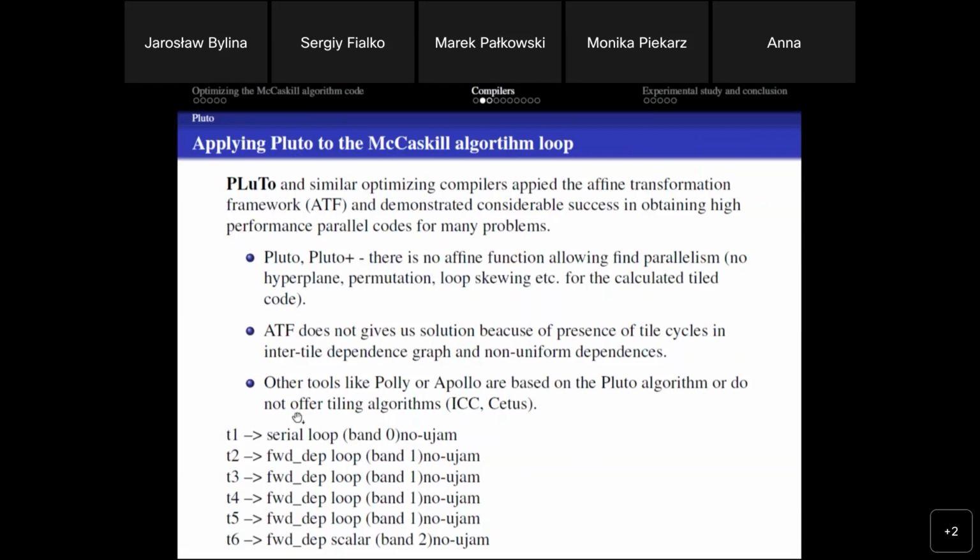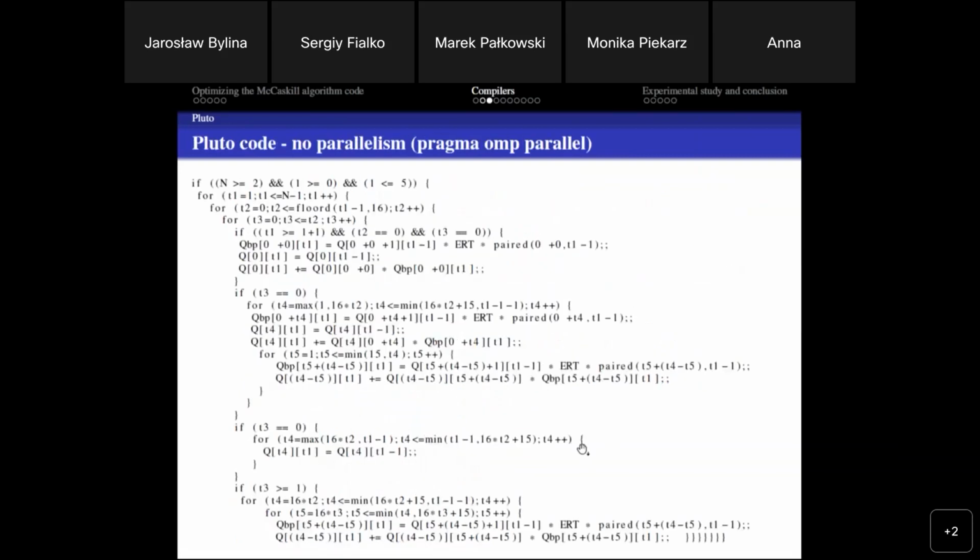Okay, and these are the dependencies extracted from this program loop of McCaskill. And this is the automatic output generated by Pluto. Pluto's authors are Uday Bondhugula and his team.